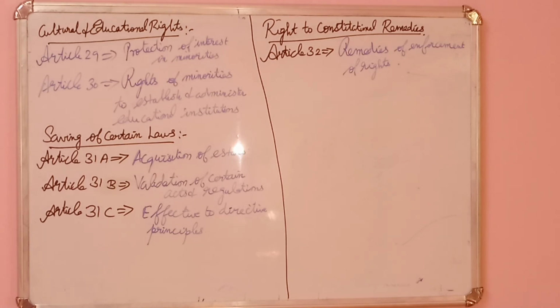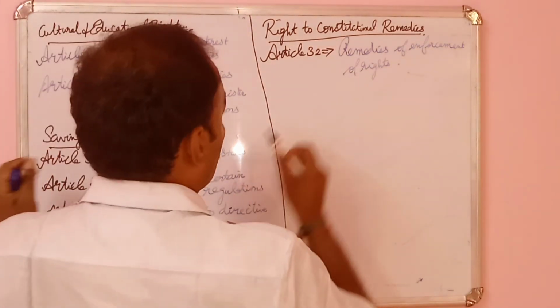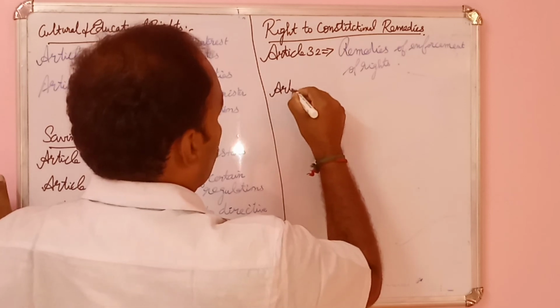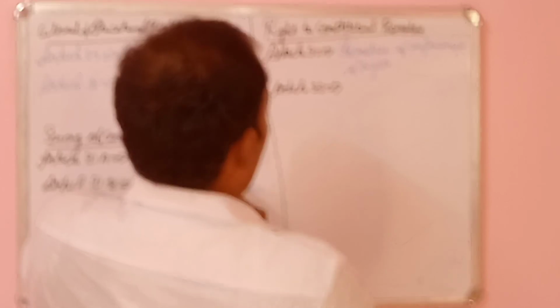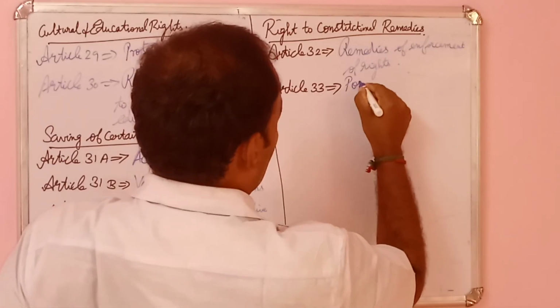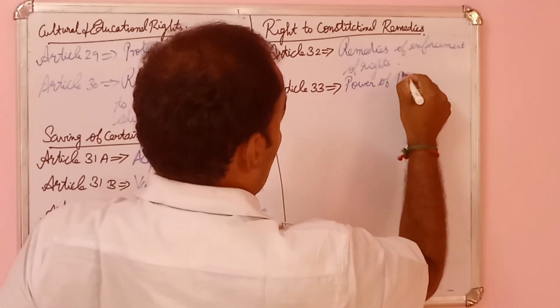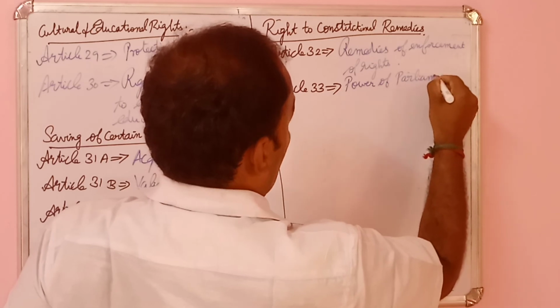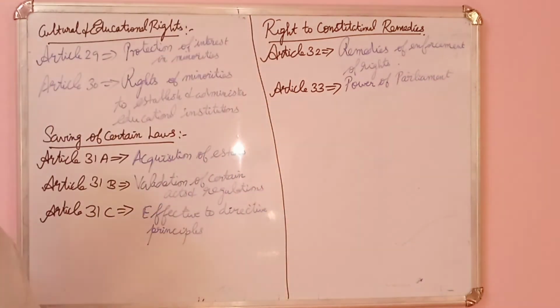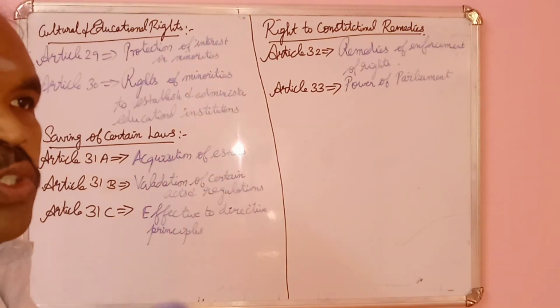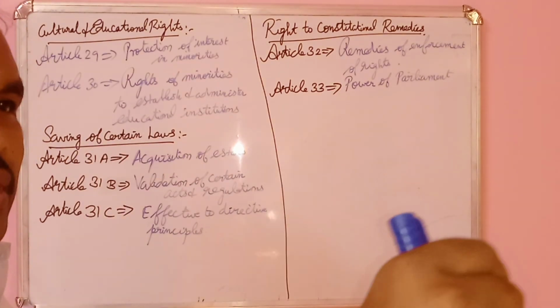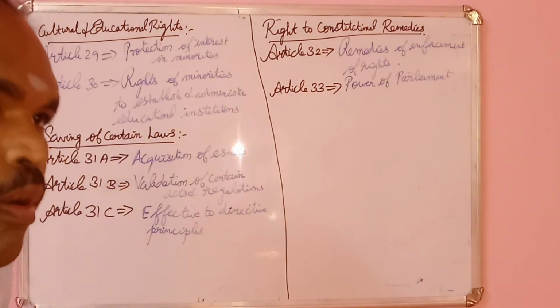Article 33 is power of Parliament. In Parliament, what are all the powers associated with an MP? The people electing a particular representative, who could be called a member of parliament.